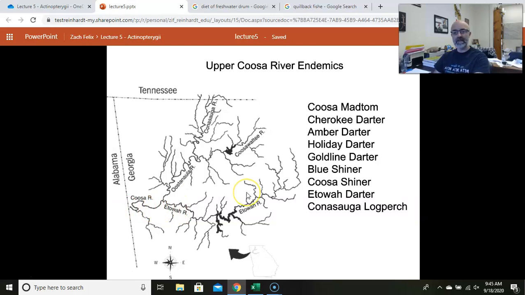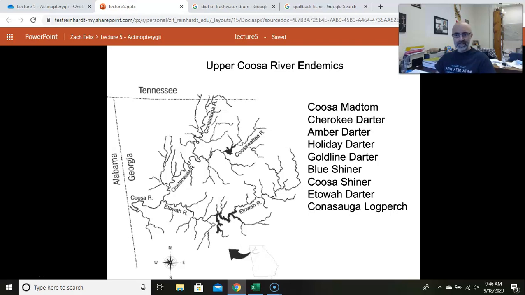In the Upper Coosa, we see the Coosa madtom, a species of Noturus. The Cherokee darter, amber darter, holiday darter, goldline darter, Etowah darter, all found only in these systems in the world. Right, blue shiner, Coosa shiner, Conasauga logperch. These are ancient rivers.